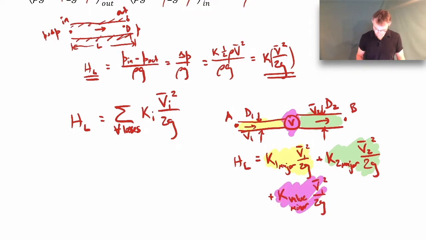So as we go from point A to point B using our extended Bernoulli equation, our total head loss in this particular case would be a major loss in the first pipe, a major loss in the second pipe. Again, those are losses due to viscous effects in a straight pipe. And then we would also have this minor loss due to the valve.